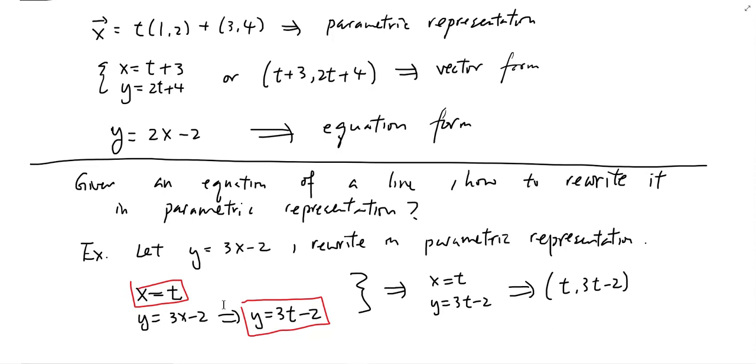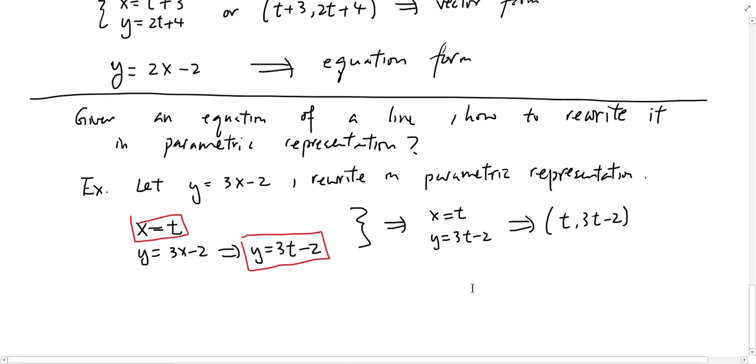The parameter basically serves the role of an independent variable, but we can't call it an independent variable because it doesn't appear on the graph, so we cannot call it a variable. So the easiest way is to make x, our independent variable, become the parameter. Then I can simply rewrite everything in terms of the parameter and be done with it.